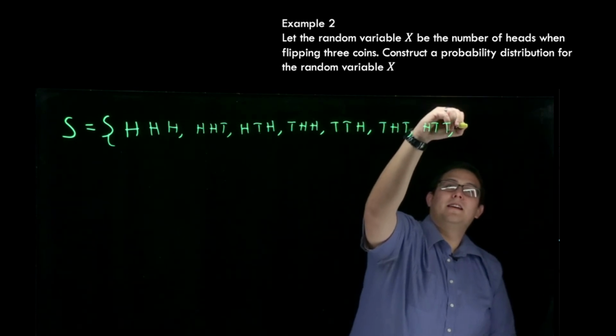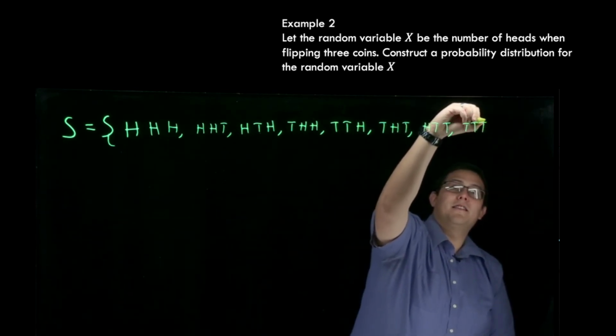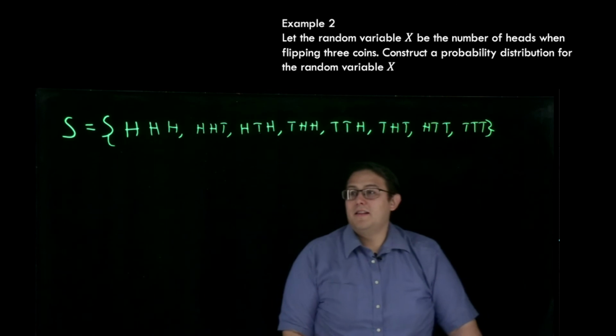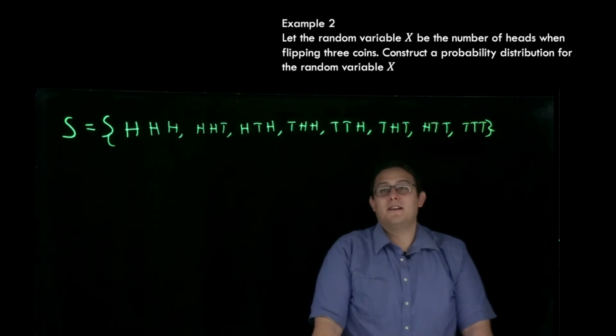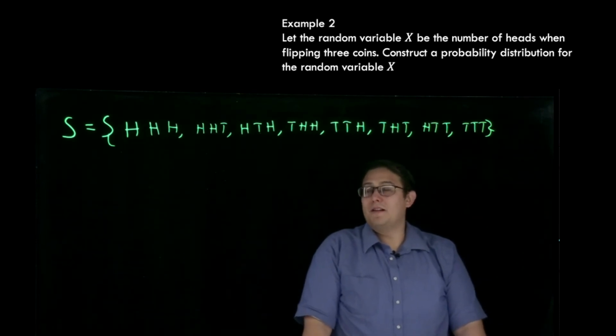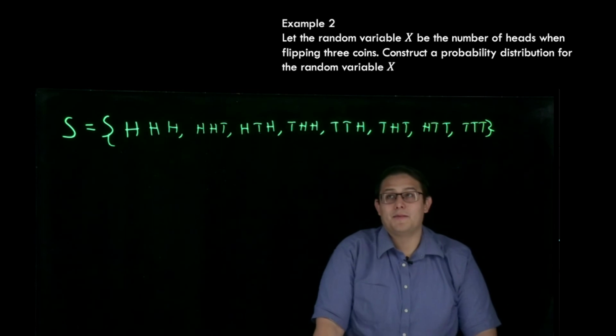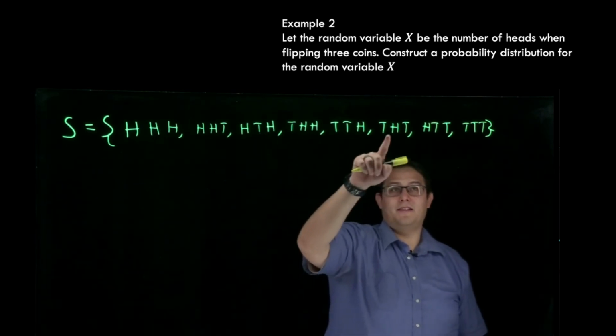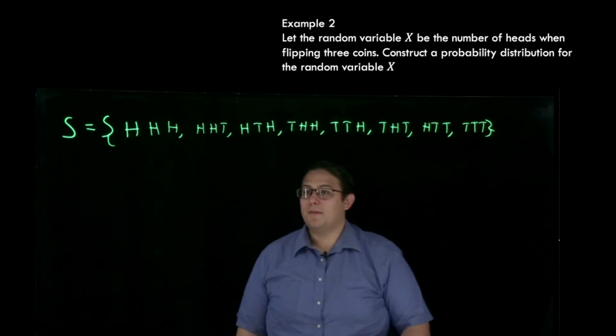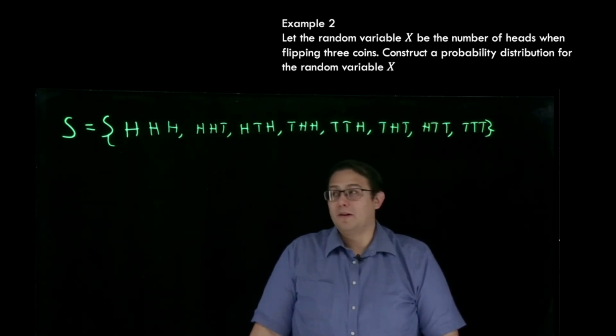And finally, tails, tails, tails. That is the sample space for flipping a coin 3 times. Our random variable is going to be the number of heads in these flips. If you count, we got 1, 2, 3, 4, 5, 6, 7, 8 things in our sample space, and all of them are equally likely.